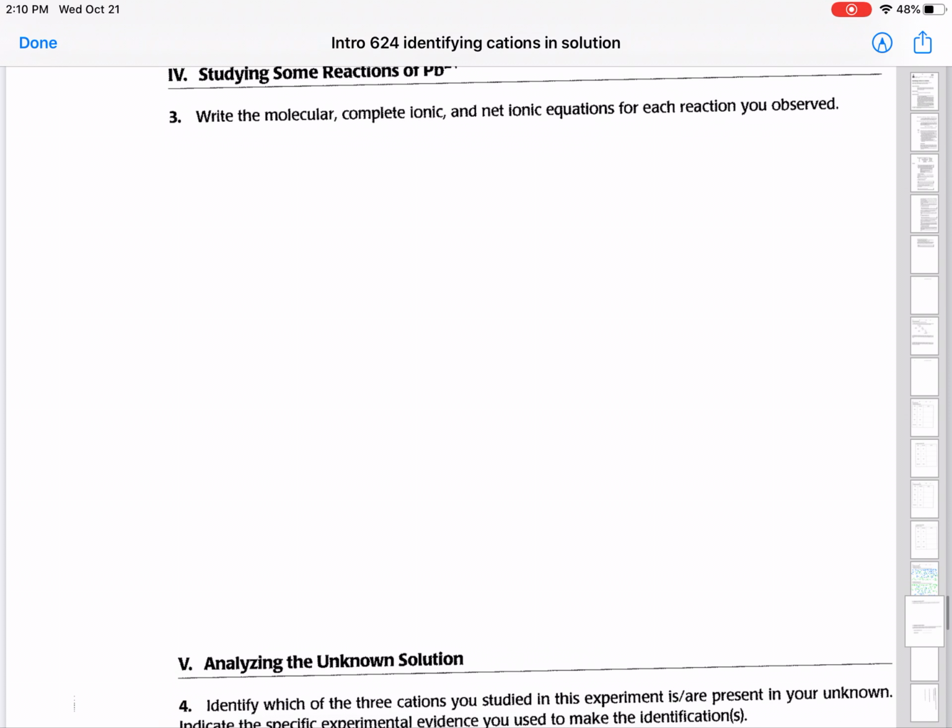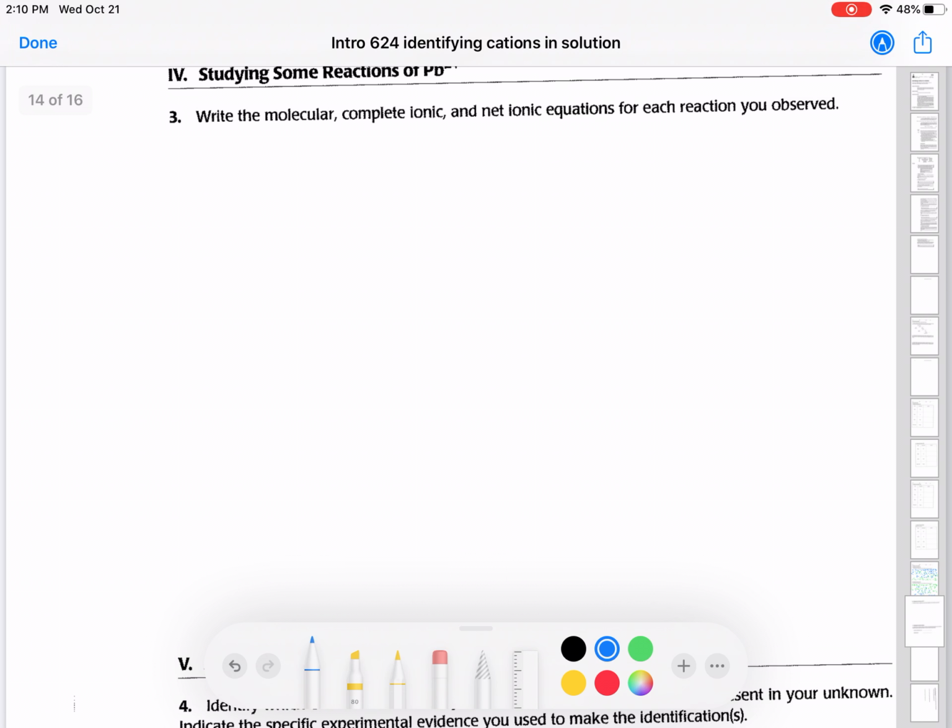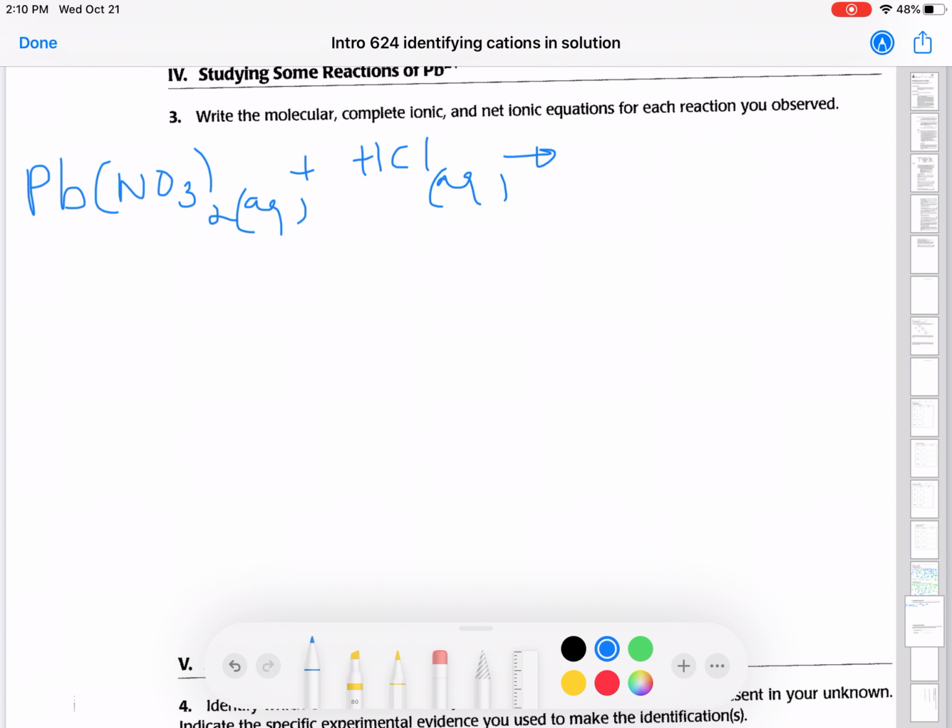Lead nitrate, Pb(NO3)2, aqueous, plus hydrochloric acid aqueous, giving us lead chloride, PbCl2, which is going to be a solid, plus HNO3, nitric acid, which is also going to be aqueous.